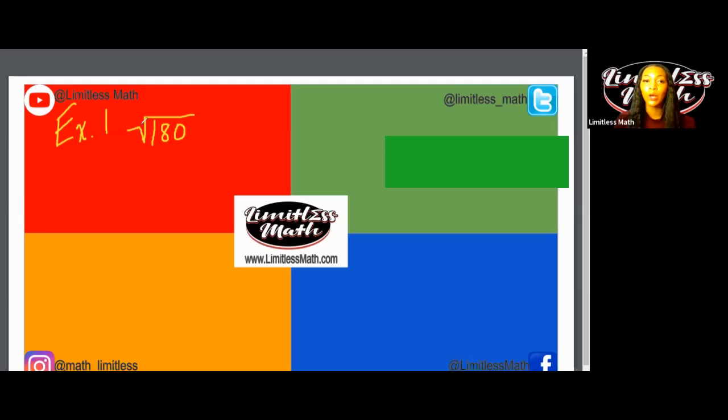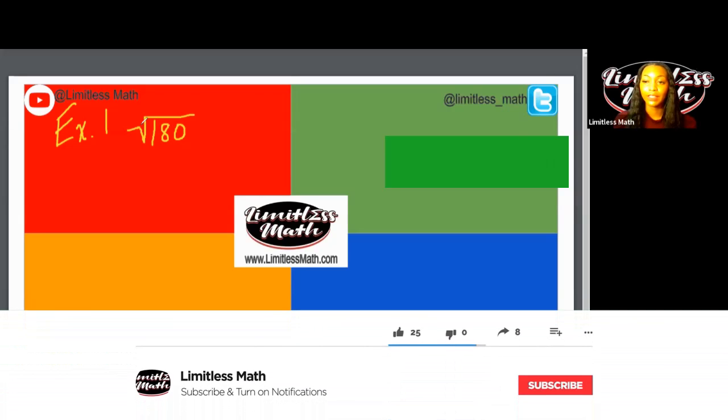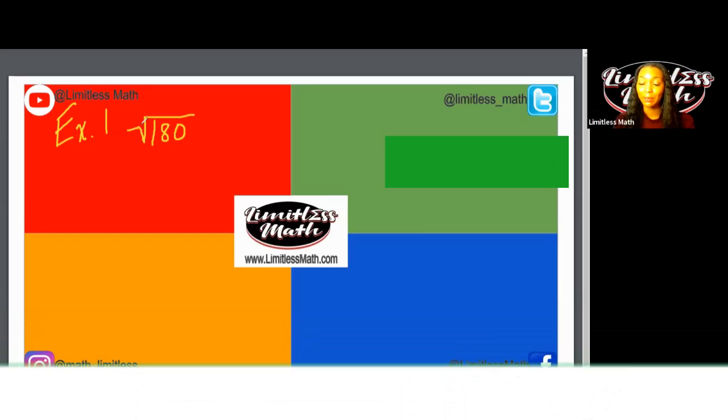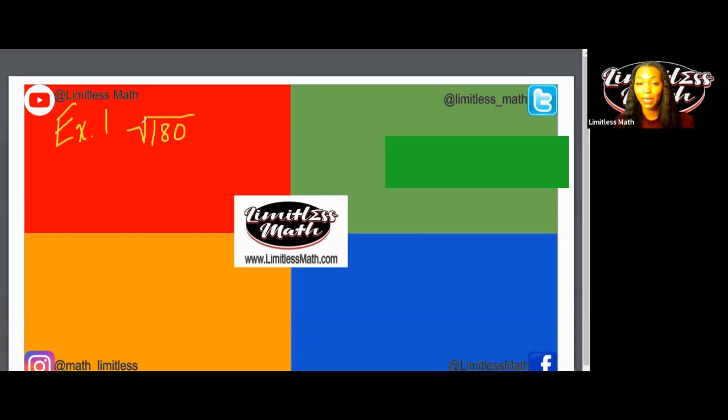So that means we are going to need to use this process in today's video, prime factorization, in order to simplify this root. I do have another video where we simplified it using perfect squares, but today's technique is going to be using prime factorization.